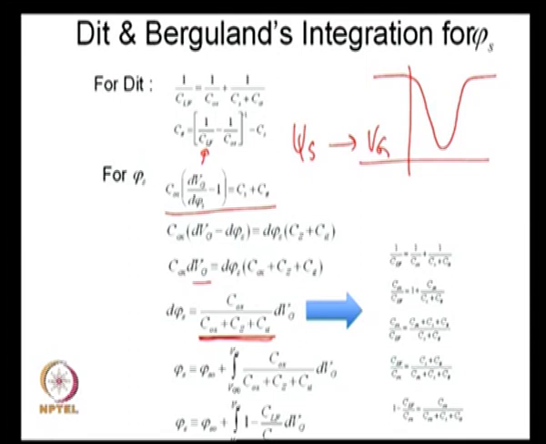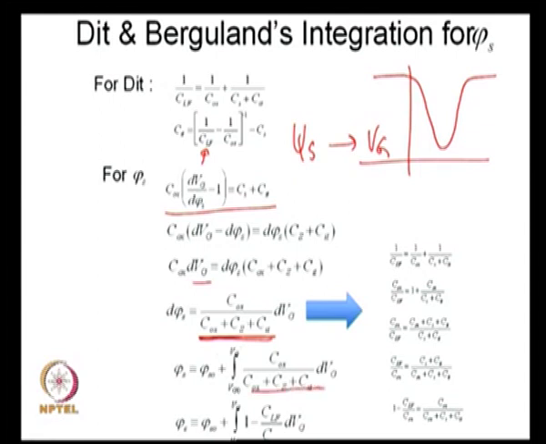I am just integrating it. For example, at Vg0 equal to Vfb, your flat band voltage is 0. That is an initial condition, and from that you can go to different gate voltages and do this integration, and you can get different values of psi s as a function of Vg.